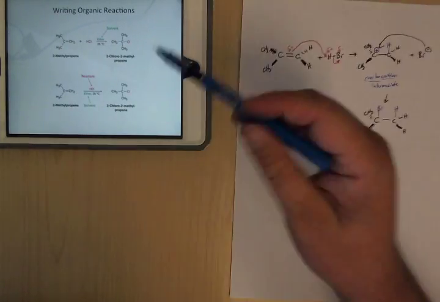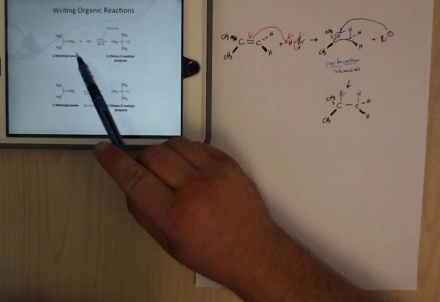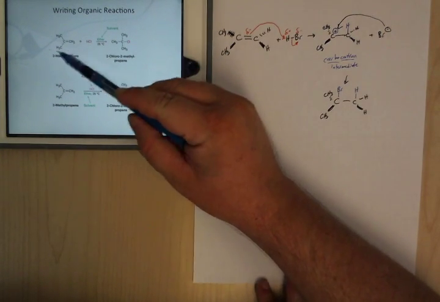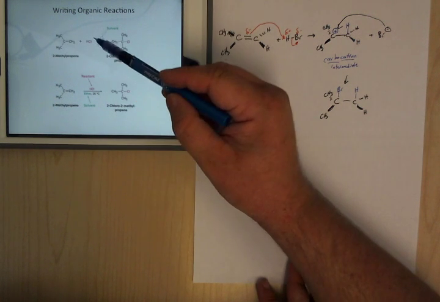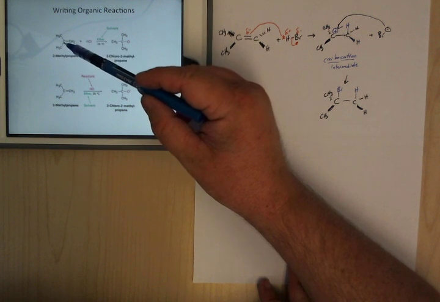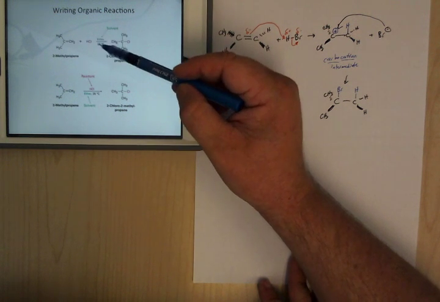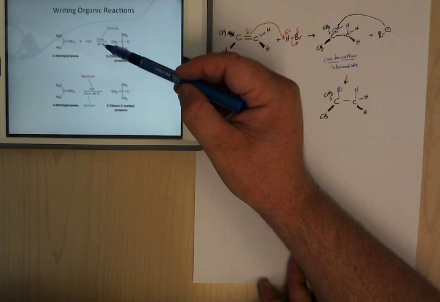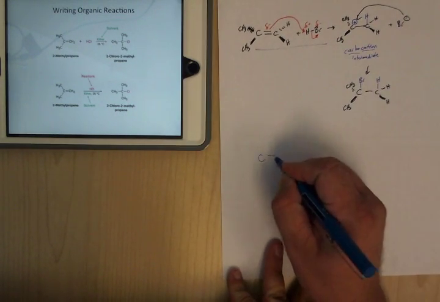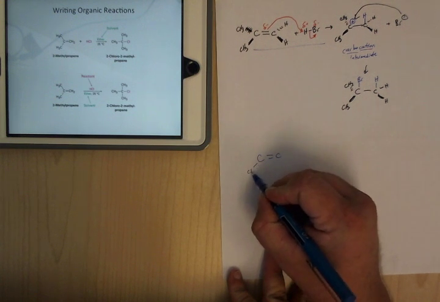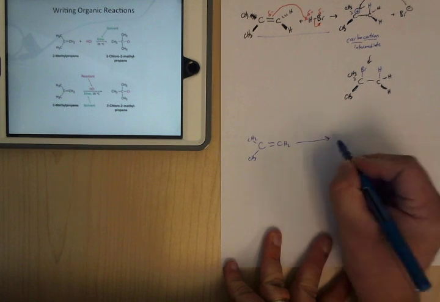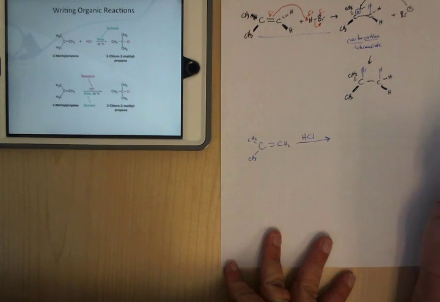Again, this is just a quick reminder on writing organic reactions. There are a couple of different ways we can do it. Your reactant is always going to be here, and we can either add the second reactant, this plus this, with supporting information, or we can write it above the arrow.